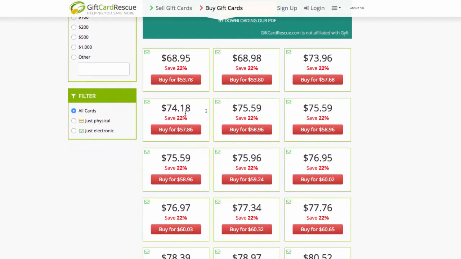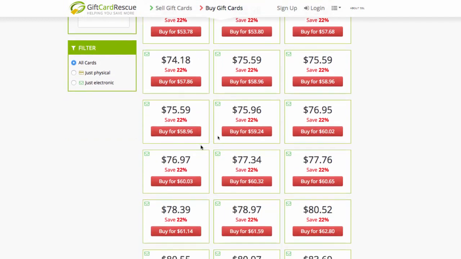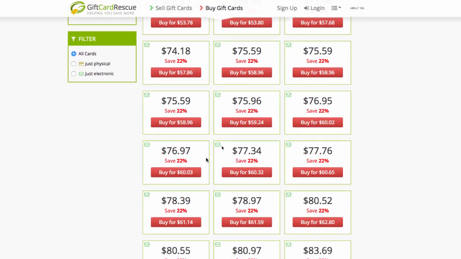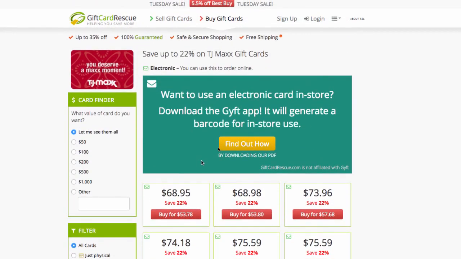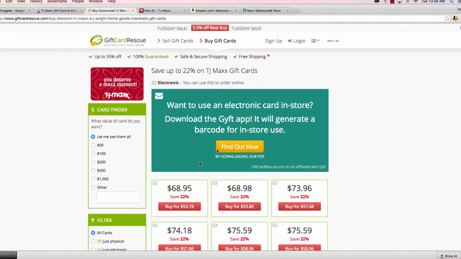Again, what Gift Card Granny did was it pointed you towards the biggest discounts. These are the actual companies you would buy from, and then if you actually wanted to save even more money, you can call these companies and ask them to buy in bulk, but I wouldn't do that unless your budget permits, because 22% off is a ton of money off already. Okay, all right, so let me zoom out real fast, guys, so that I can see where I am.